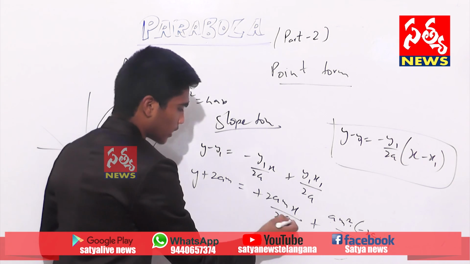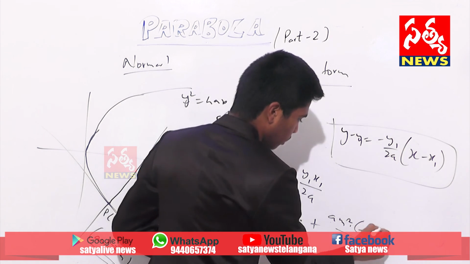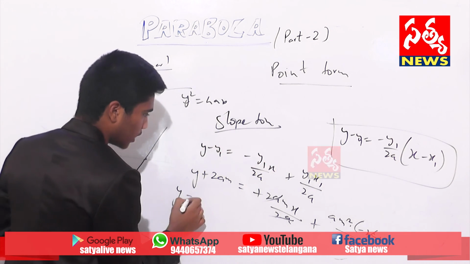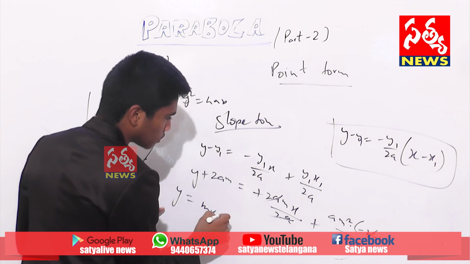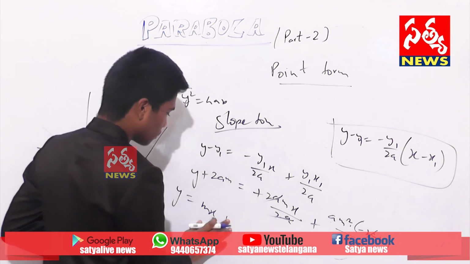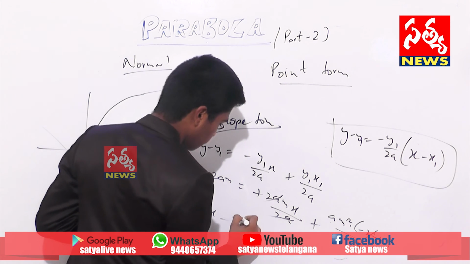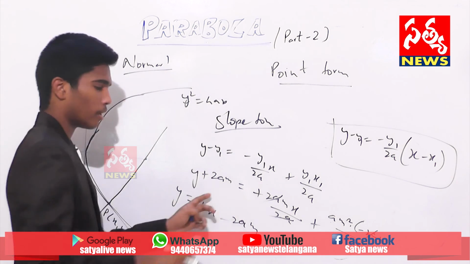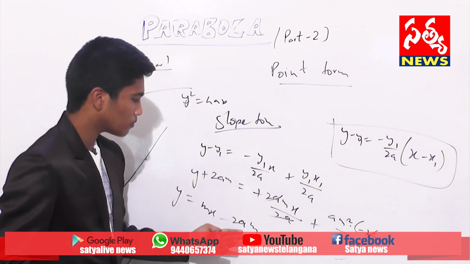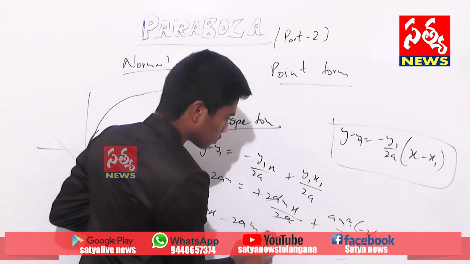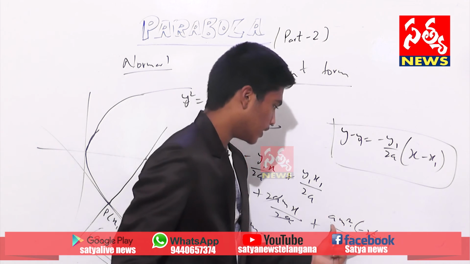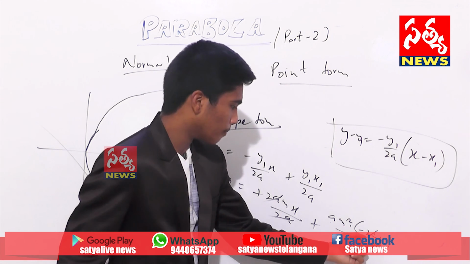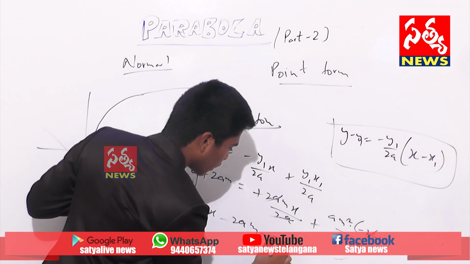So do the cancellations. 2a gets cancelled, and here also 2a gets cancelled. y is equals to mx plus, minus 2am. I brought this 2am to RHS. y equals to mx minus 2am plus, or minus, here, minus am square into m, which is am cube.